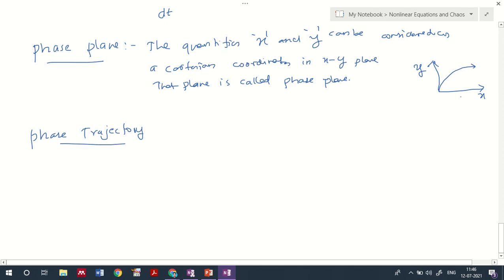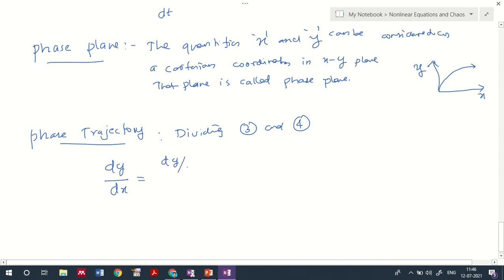So what is the phase trajectory? We have two equations, equation number 3 and equation number 4. We can divide equation number 4 by 3. So what we will be getting is dy by dx. Dividing 4 by 3, we get dy by dt divided by dx by dt. What is dy by dx?